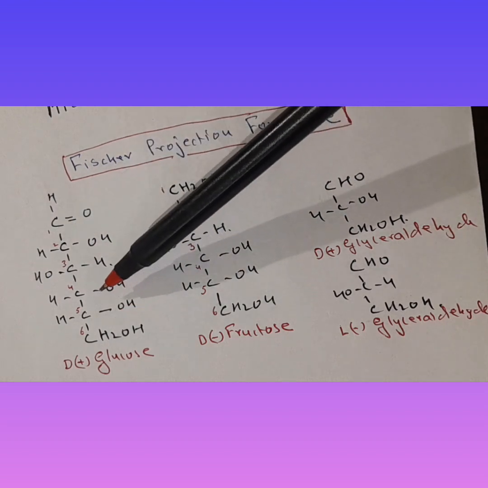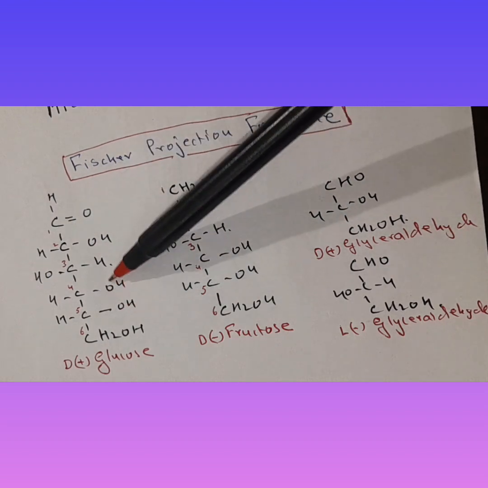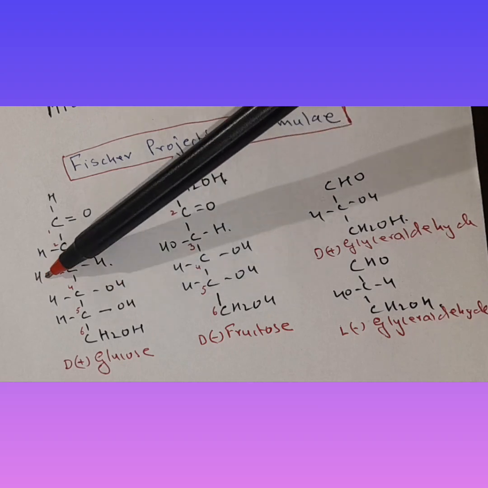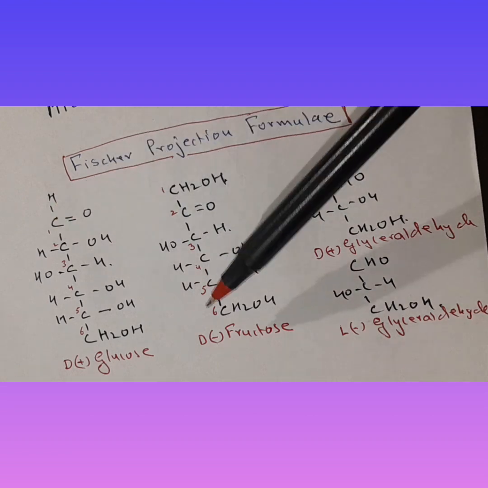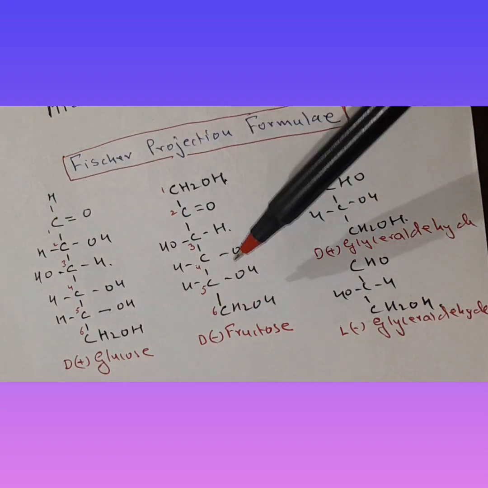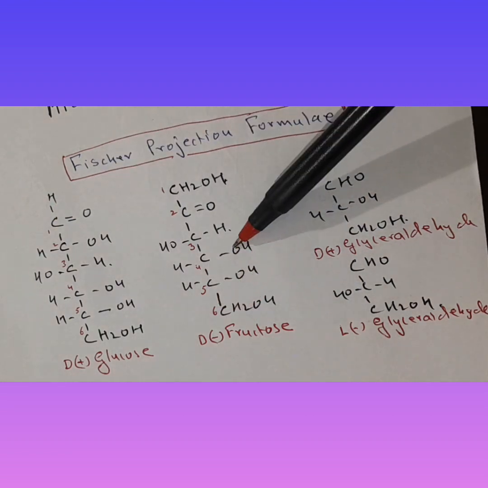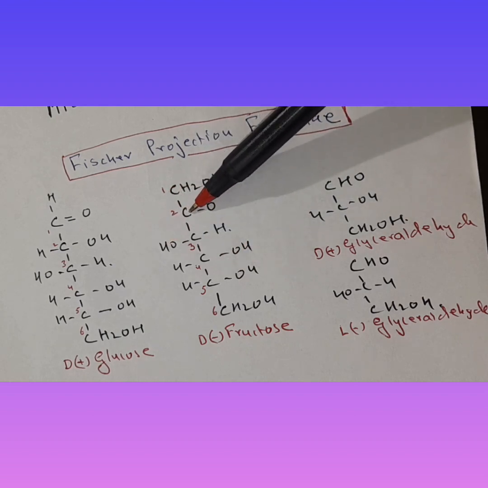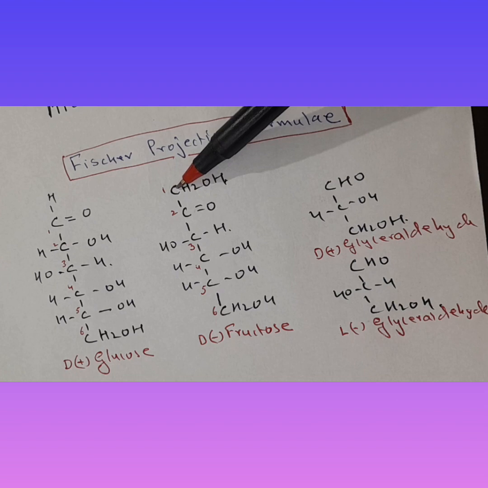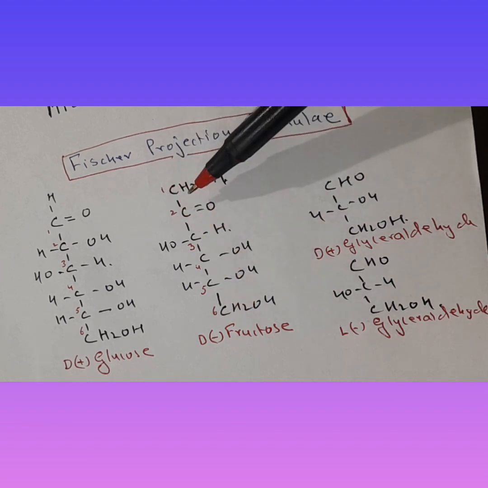So two identical OHs on the same side, then the other side, then the other side, and aldehyde. Similarly in fructose, these two OH are on this side, OH on that side, the second carbon is the keto group, and again we have CH2OH. So that's how the organization is.